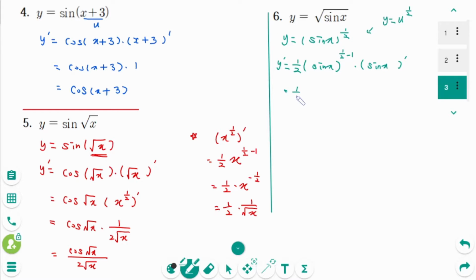Then 1 over 2 times sine x to the power of minus 1 over 2 times sine x prime, which equals cosine x. Then back to the radical form, 1 over 2 times 1 over square root of sine x times cosine x. The final answer is cosine x over 2 square root of sine x.